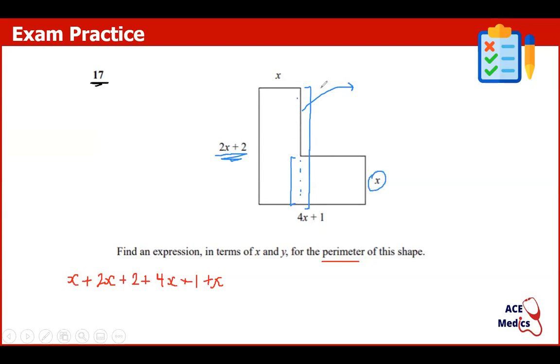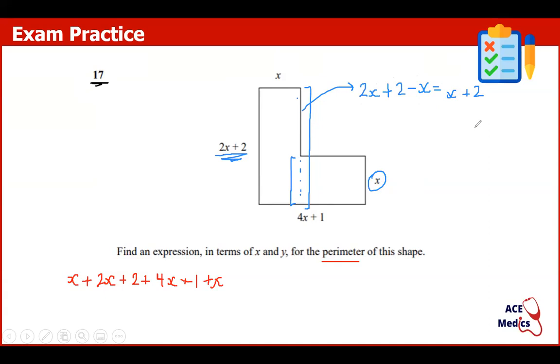So we know that this length must be 2x plus 2, but we need to take away that bit that's not there, so take away x. And we should get 2x take away x, which is x plus 2.